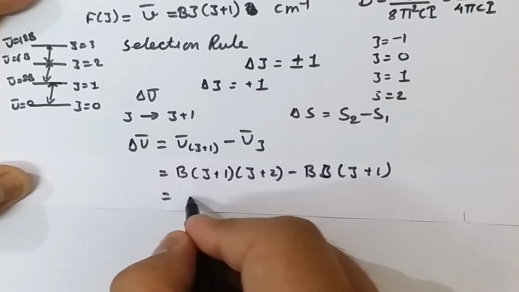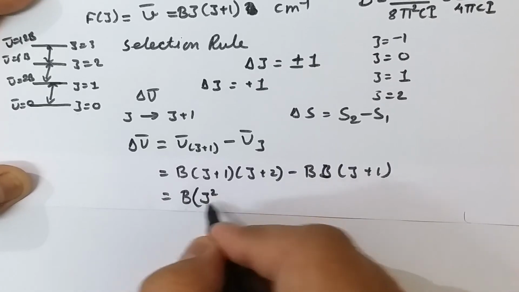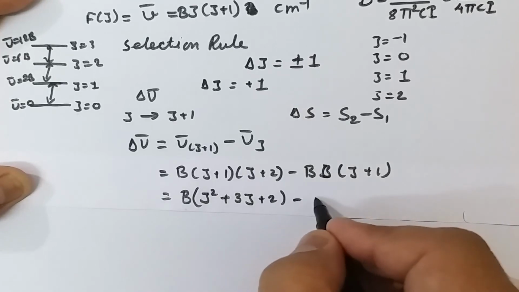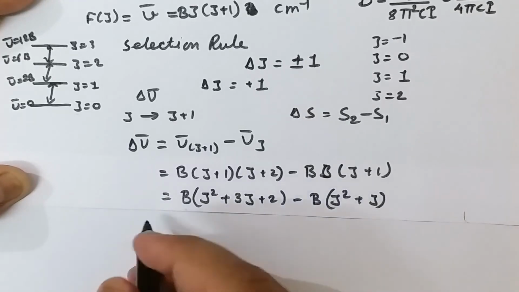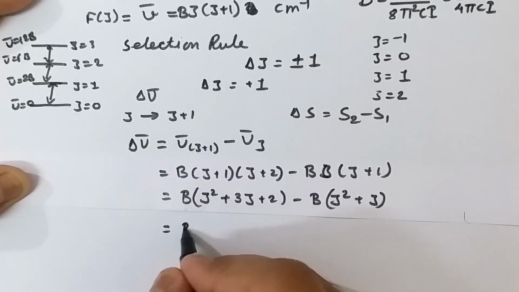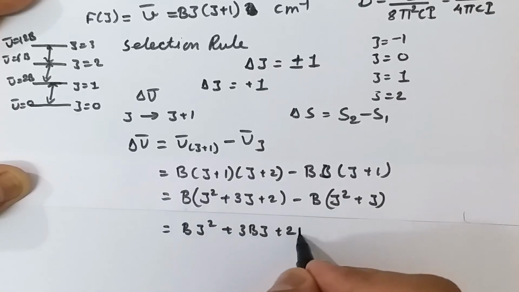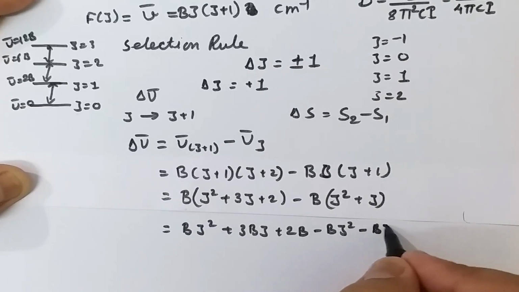When we simplify it, we have B into (J square plus 3J plus 2) minus B into (J square plus J). Multiplying all the terms by B, we get BJ square plus 3BJ plus 2B minus BJ square minus BJ.